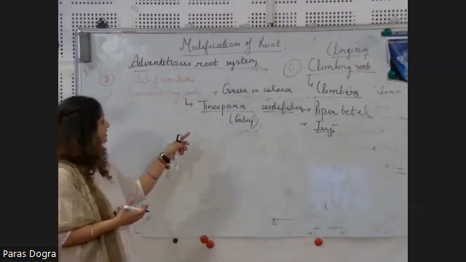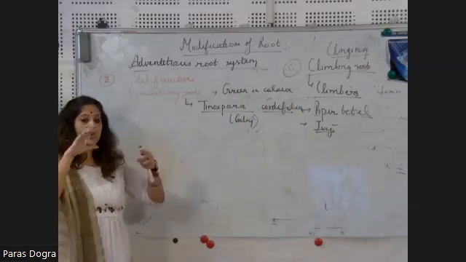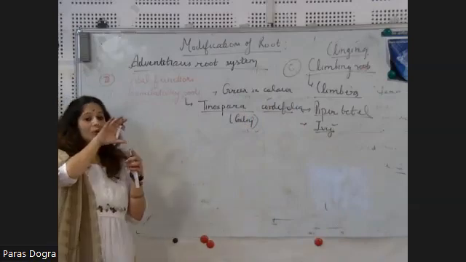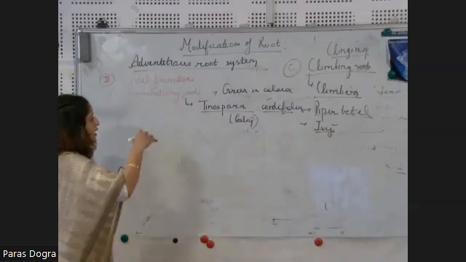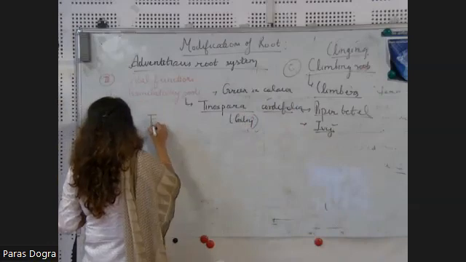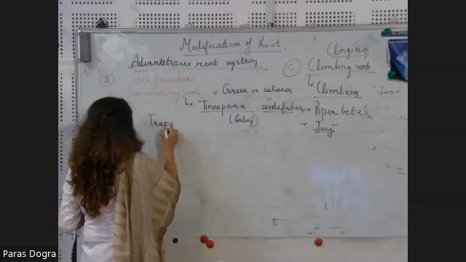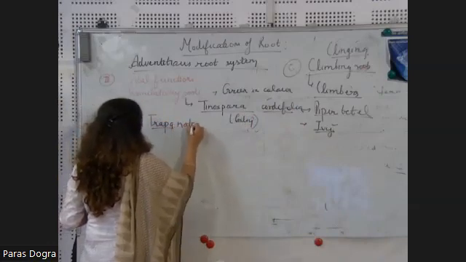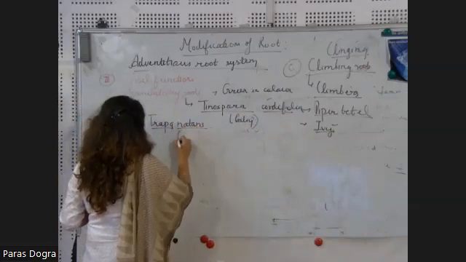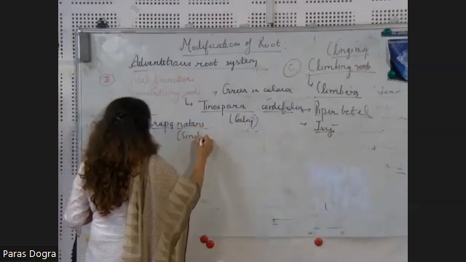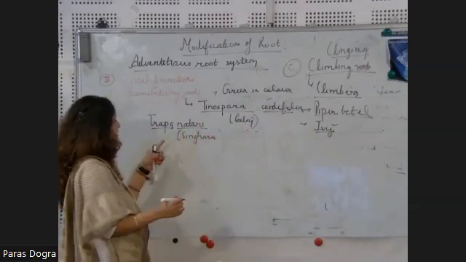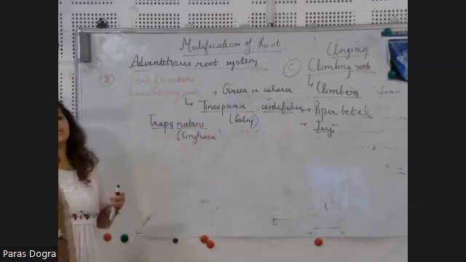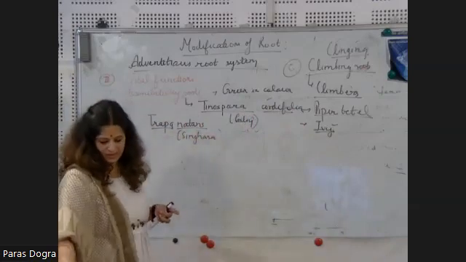Here the roots are green in color. Similarly, in Trapa natans, vernacularly called Singhara, which we use during Navratras, here also the roots are assimilatory in nature.